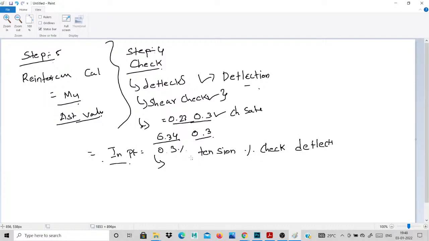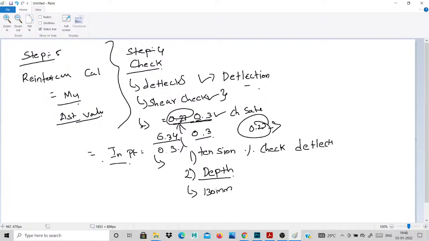The second check for deflection is the depth. I calculated my depth as 130 mm, but I calculated based on 0.23. My assumption percentage is 0.3, but the actual percentage is 0.23, so I calculated my depth for 0.23.